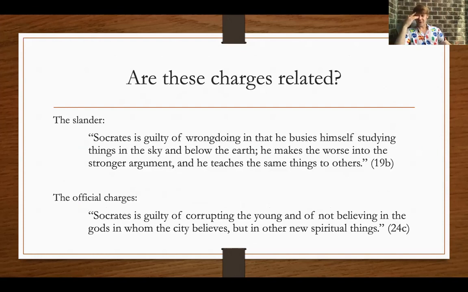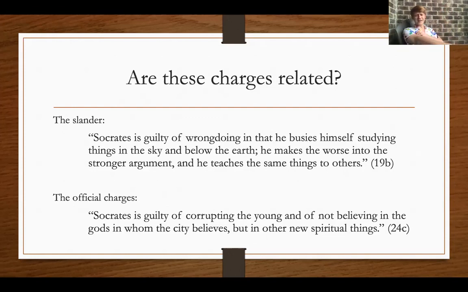Okay, so here's a relevant question. Are the charges related, right? Are these charges as different as Socrates says they are? We might actually think that there's a lot of connection between them. So remember that the slander, the unofficial charge, is that he studies things above the sky and below the earth, right? He's a scientist.